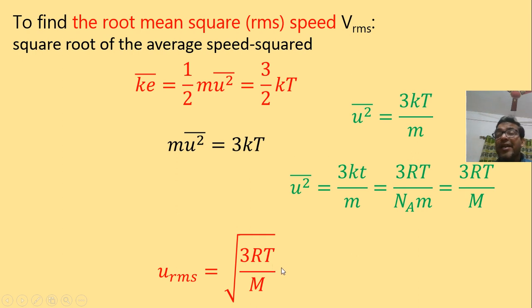So now we have the different expressions for the most probable velocity, the root mean square speed, and the average speed. Okay, thank you.